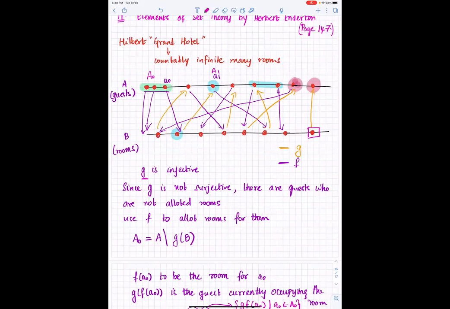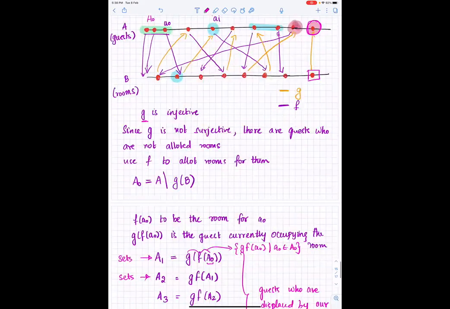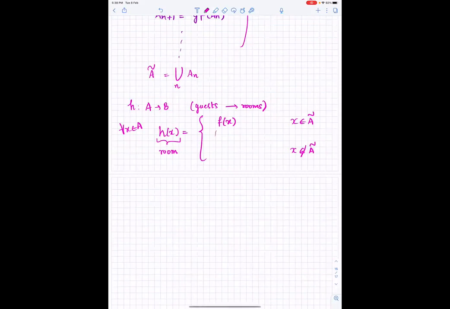So what is the room that this guest who never got displaced gets? Let's say he's X and he is not in A tilde. He gets G inverse of X. That's what he's supposed to get. Agreed? Or do any of you have any doubts?